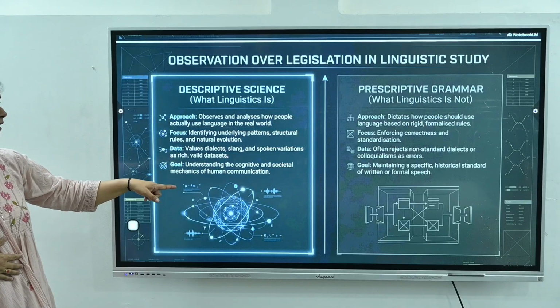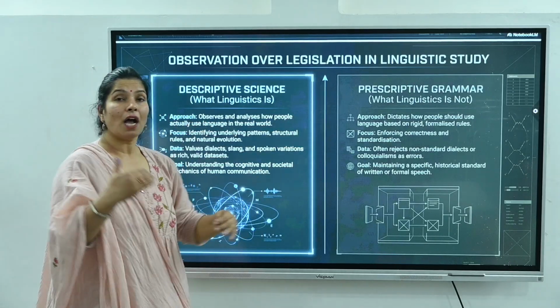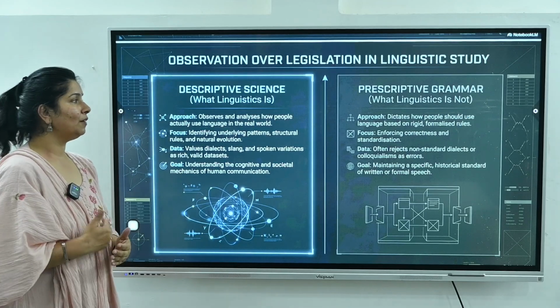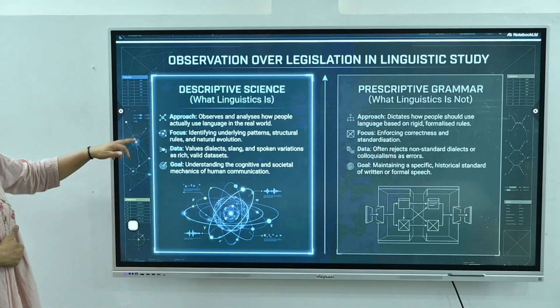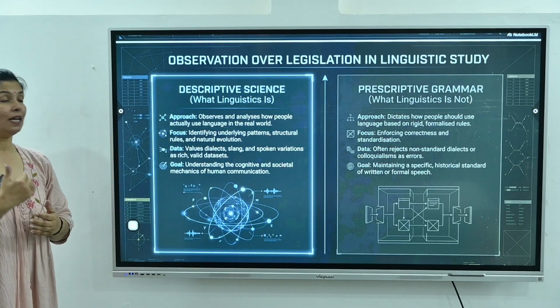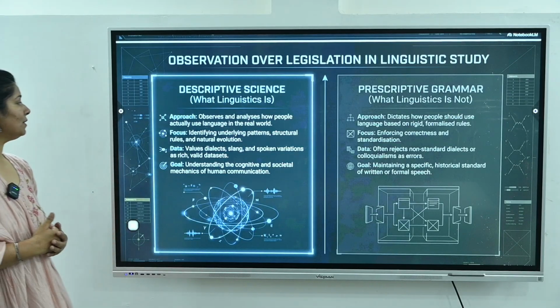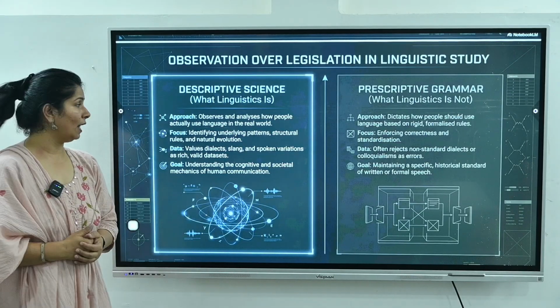On the other hand, prescriptive grammar dictates how people should use language based on rigid and formalized rules. Linguistics focuses on identifying underlying patterns, structural rules, and the natural evolution of a language.